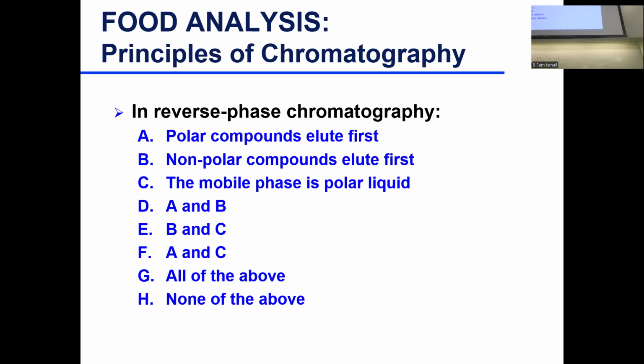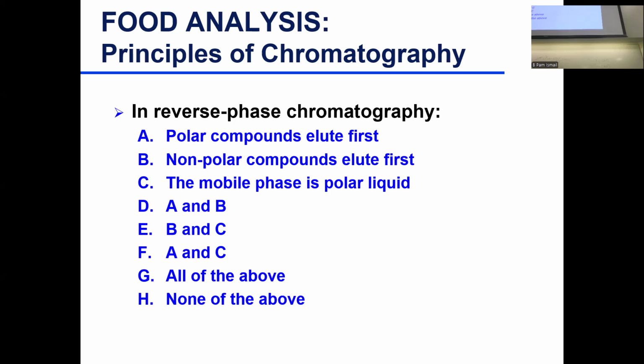So in reverse phase, if they are interacting via nonpolar interaction, which of the molecules will leave the column first, or move faster? Polar compounds will move faster because they don't want to interact with the column.